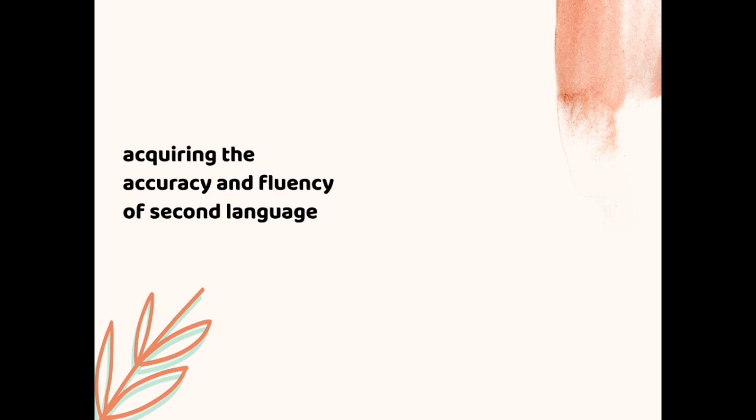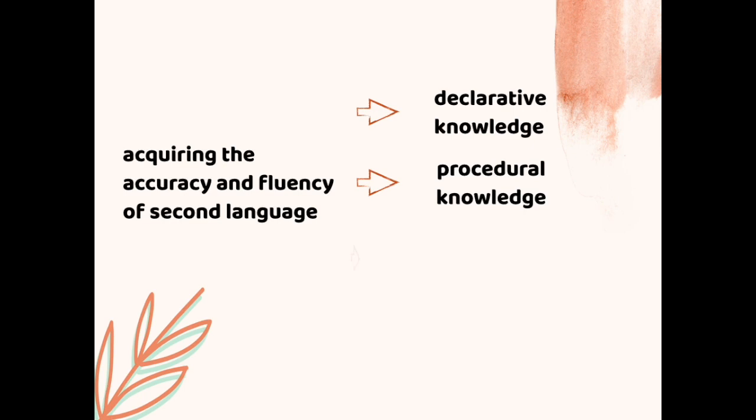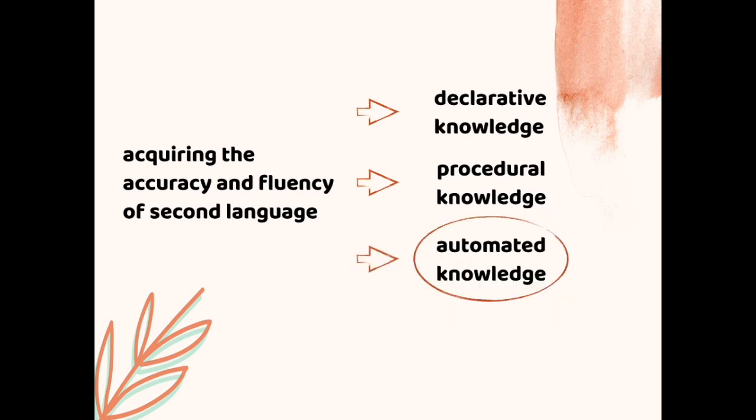Simply put, achieving fluency and accuracy in a second language involves transitioning through three types of knowledge: declarative knowledge, procedural knowledge, and automated knowledge. By the time you reach the final stage, you can use your language skills spontaneously and quickly without thinking about them.